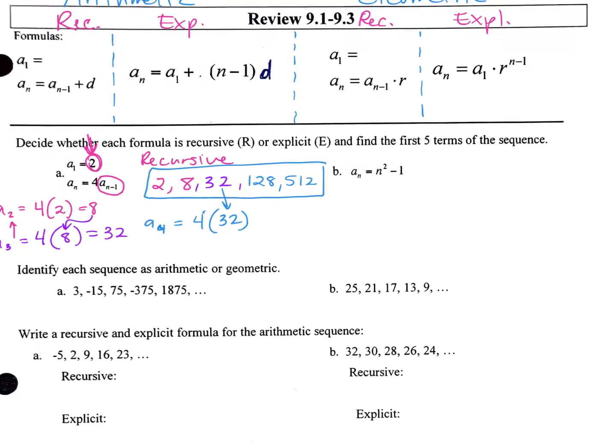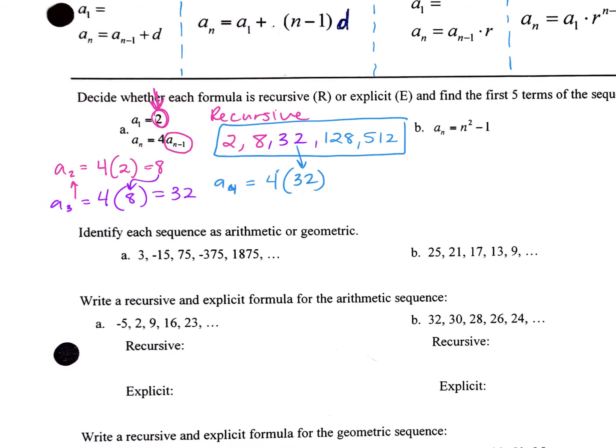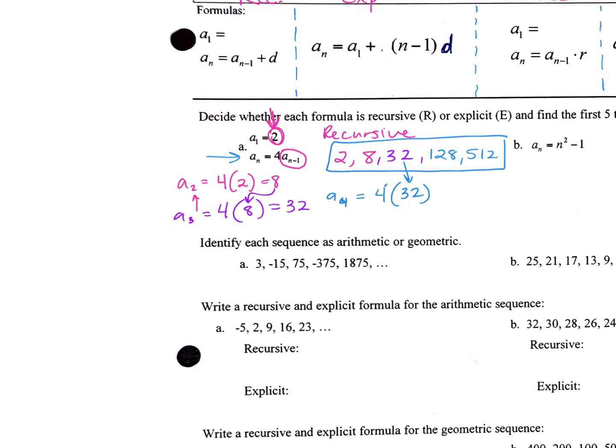So you are plugging in 1, 2, 3, 4, and 5. But if you did that right here, right? So if I want my third term, A sub 3, that's 4 times A sub 3 minus 1. So that's A sub 3 is 4 times A sub 2. Well, what is A sub 2?